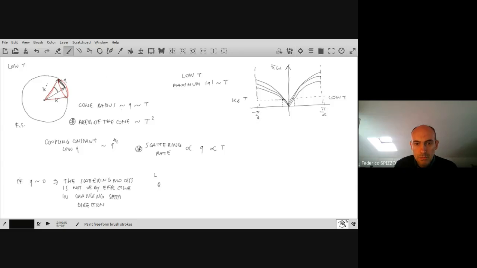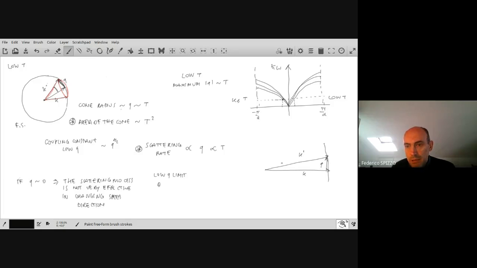In the low q limit, q represents the deviation of k prime with respect to k, and I just make an expansion here. So if this is k, this is the surface of the sphere, and this is k prime, q represents a straight vector that joins k to k prime.